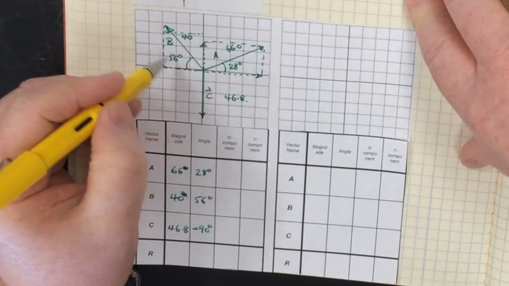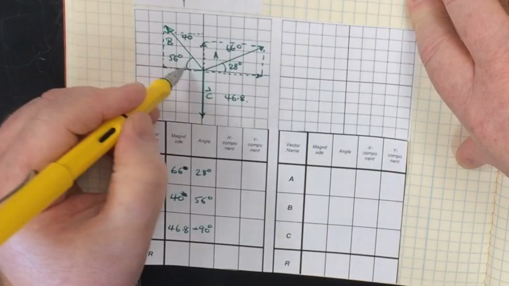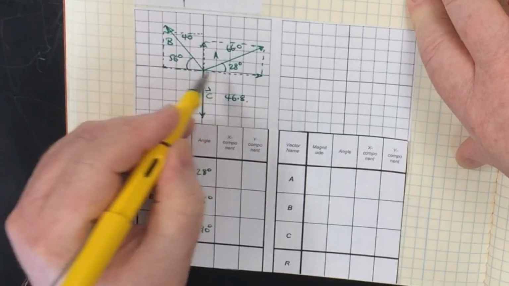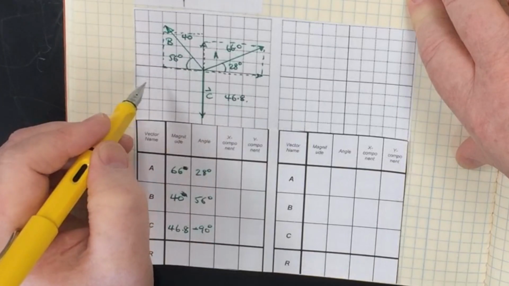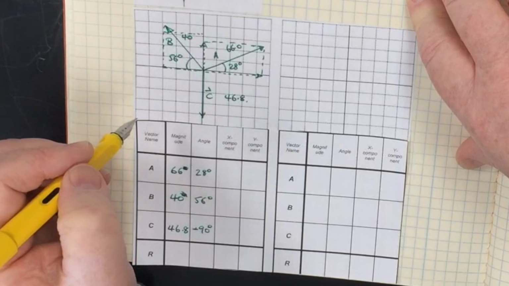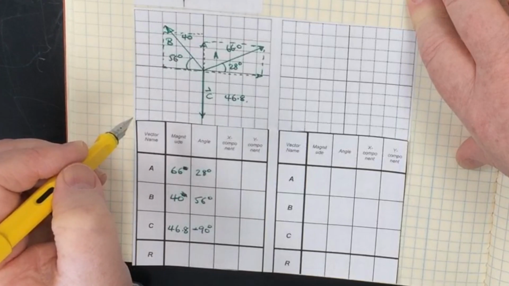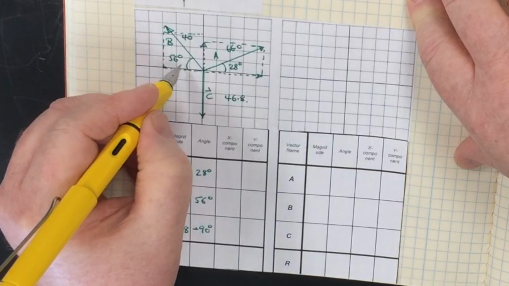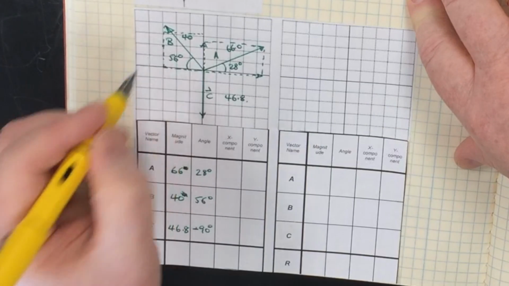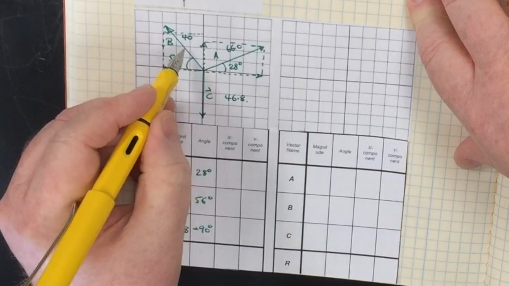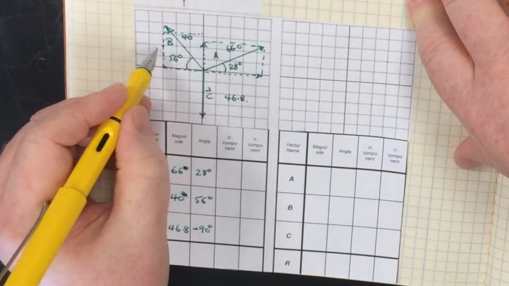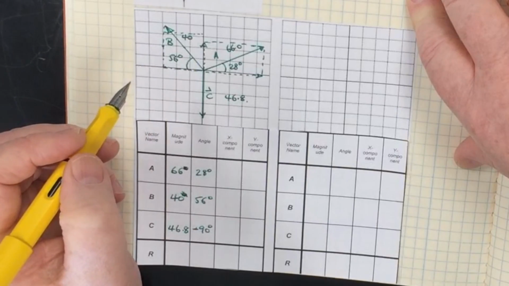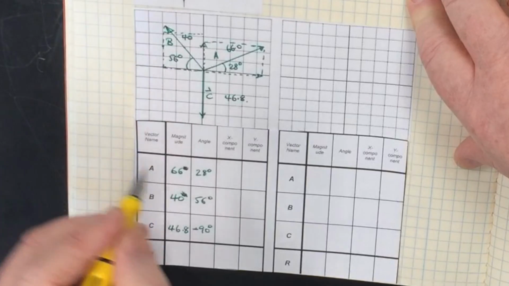So what I try to do when I'm doing this is always to try to find the angle with respect to the x-axis, because when I do that, when I'm figuring out my trigonometric functions, they're always the same. I can see that this, which is the opposite, and this is the hypotenuse, so that means that my y component will always be the sine.